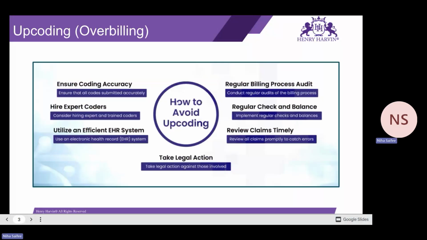How to avoid upcoding? We can have regular billing process audits. Audit is the best way to ensure that there are no mistakes happening or the mistakes are minimized to the minimum. Regular check and balance, review claims timely.